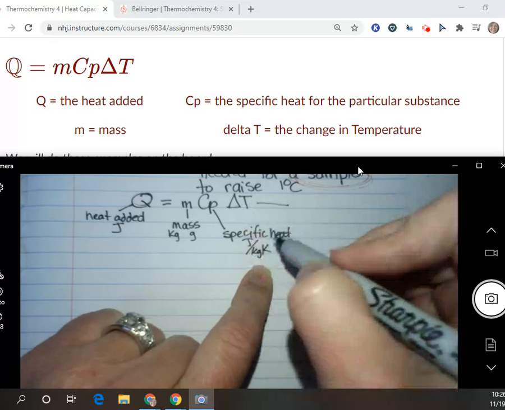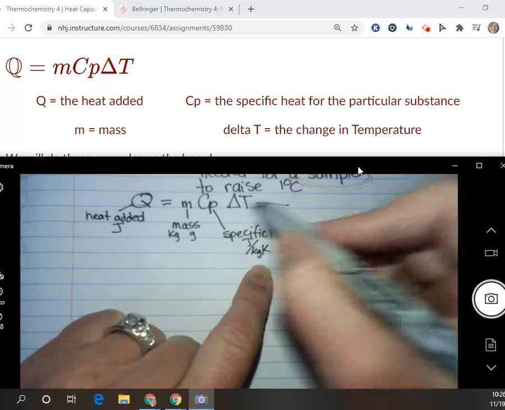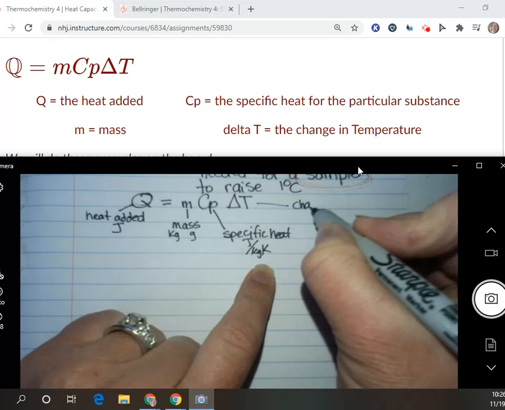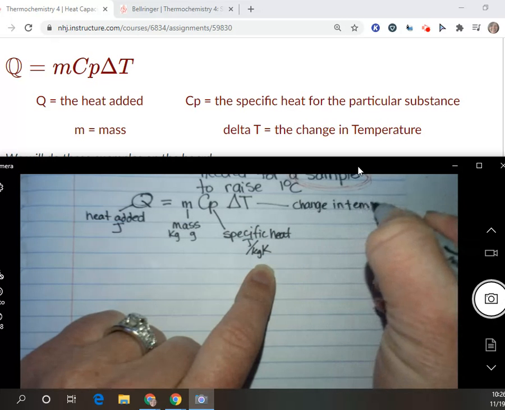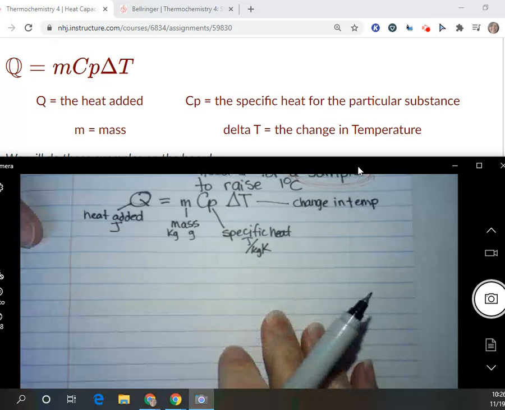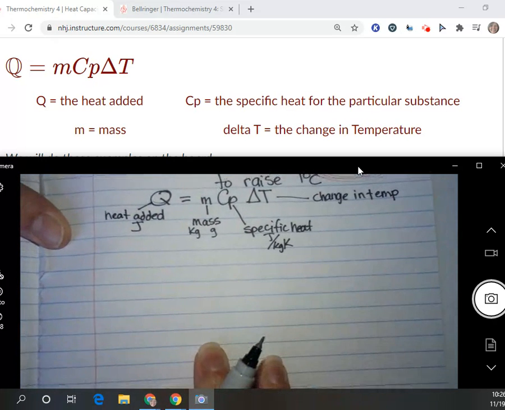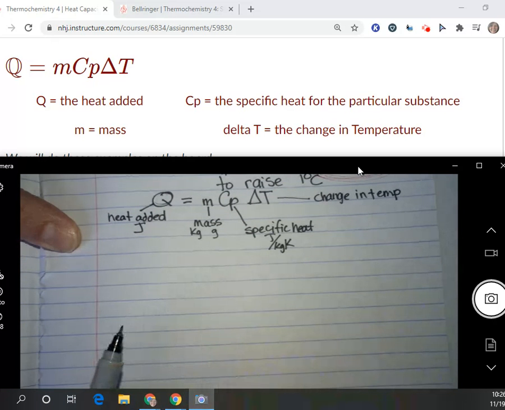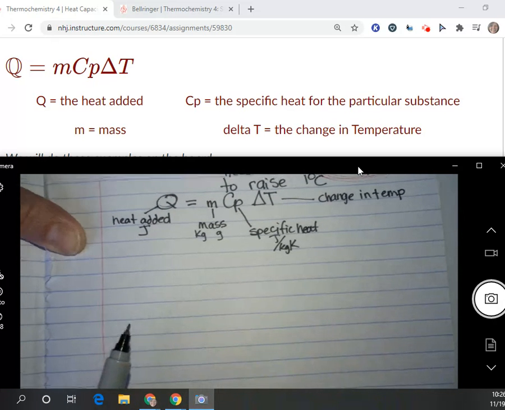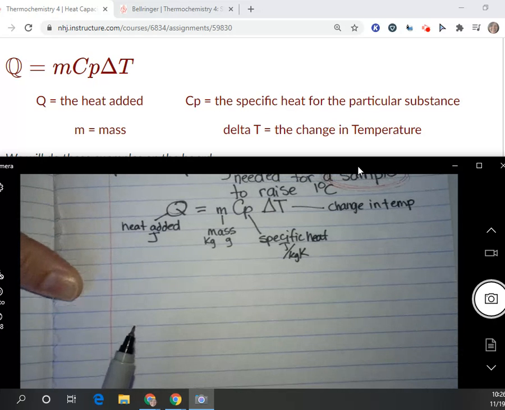Delta is always change. No matter what formula you see, delta will always be change. So change in temperature. All right. So if we know what these variables are, then we can do the problems just like a regular math problem.